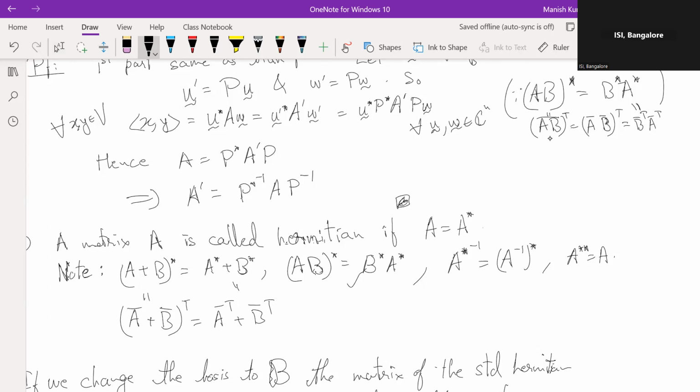And similarly the others. This is also straightforward because you take bar and then transpose, and then again bar. So two bars cancel out and two transposes cancel out and you get A.